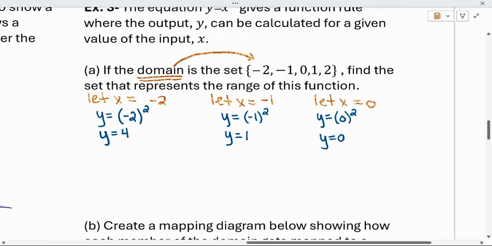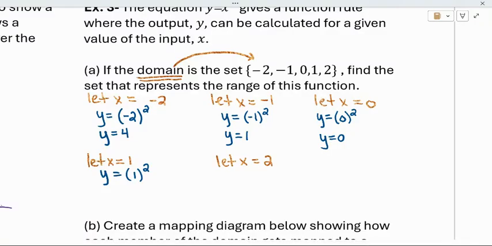We have 2 more numbers in our domain that we have to look at. We have to let x equal positive 1, and we have to let x equal positive 2. If I let x equal positive 1, I have y equals positive 1, the quantity squared. Do you guys notice that when I substitute in for a variable, I put that quantity in a parenthesis? That is so important.